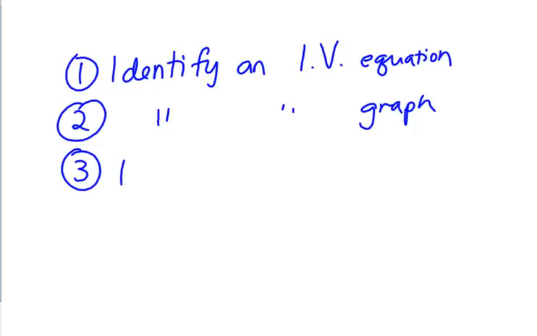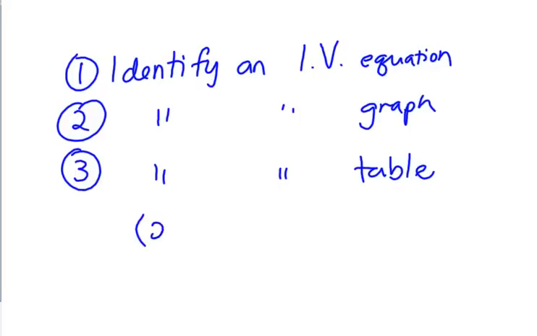You need to be able to, let's say, also identify an inverse variation from a table, just like we did with the direct variation. Look at the table of values or a set of ordered pairs and say, yes, it's inverse variation, or no, it's not. And you're always looking for x times y to be constant when you're looking at that table.